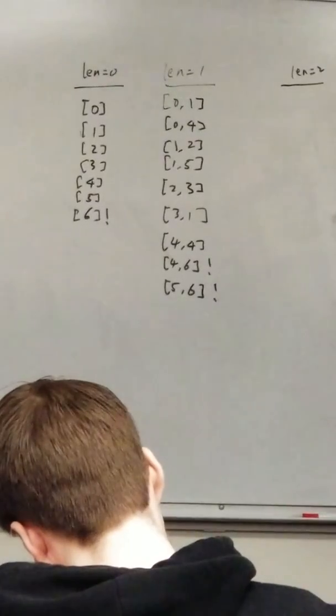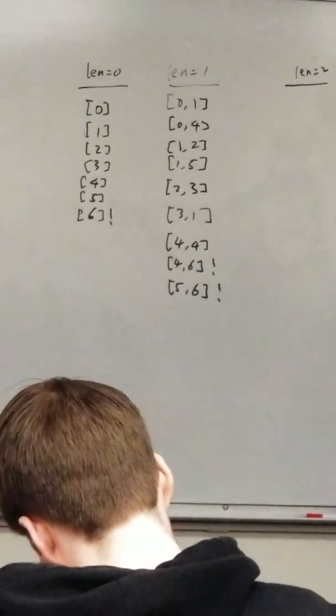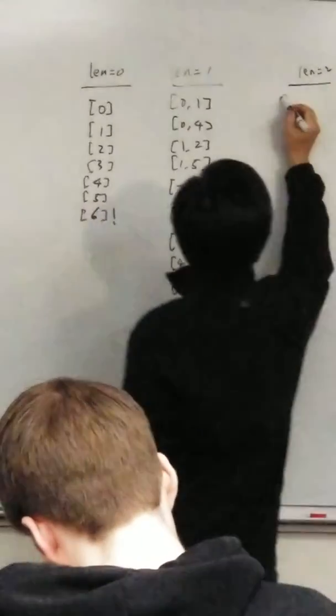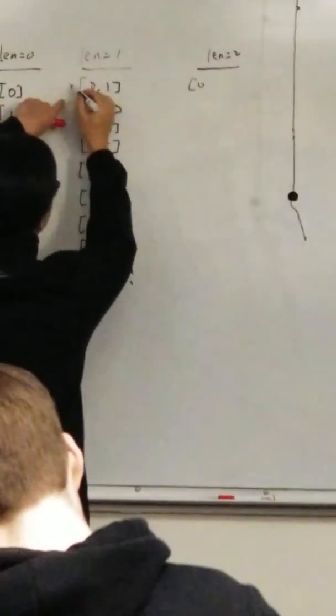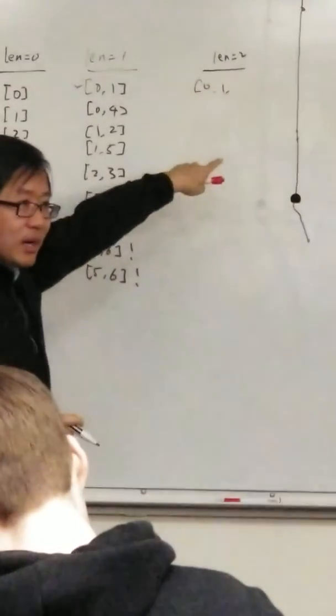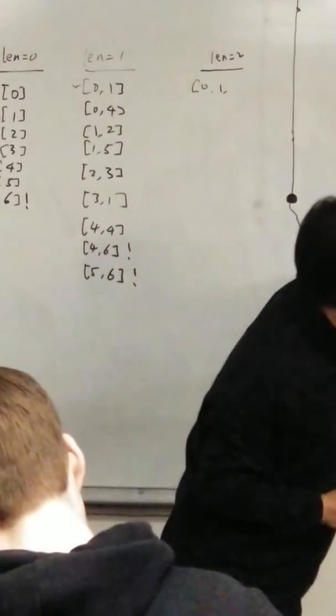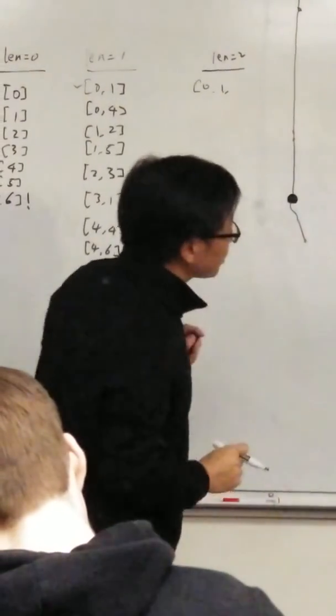Then we're going to go for length equals 2. So I'm going to do the same. I'm going to look at this path and say how many outgoing edges you have. So 0, 1, you have 2 outgoing edges, right?